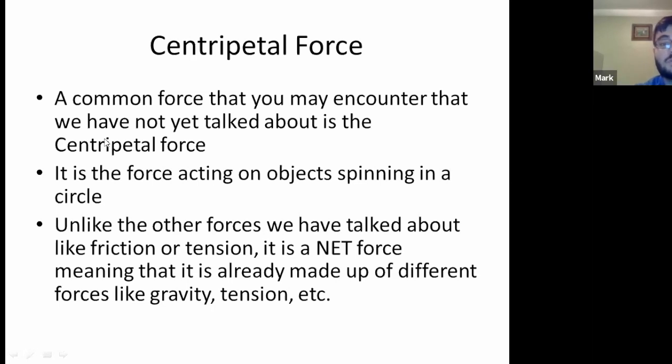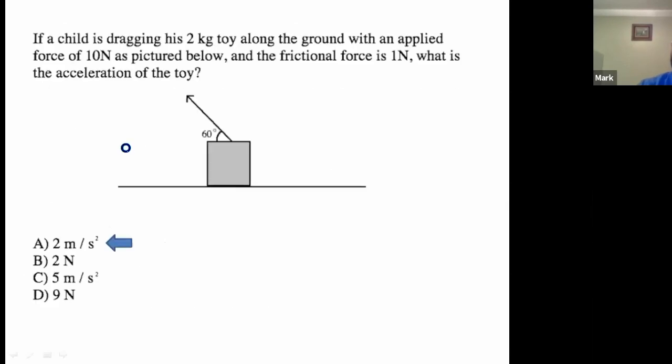Unlike the forces we've already talked about, like friction or tension, centripetal force is a net force. We've actually talked about net forces before, like in one of the old slides. The net force up and down combined was 0. F net in the y direction was 0, right?